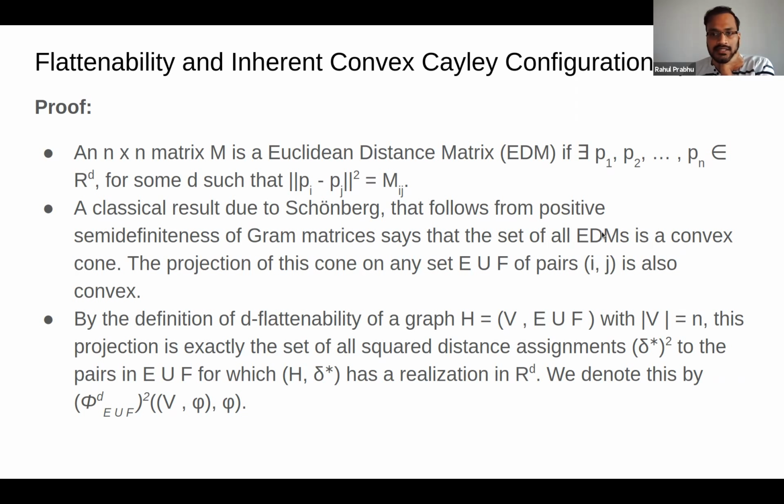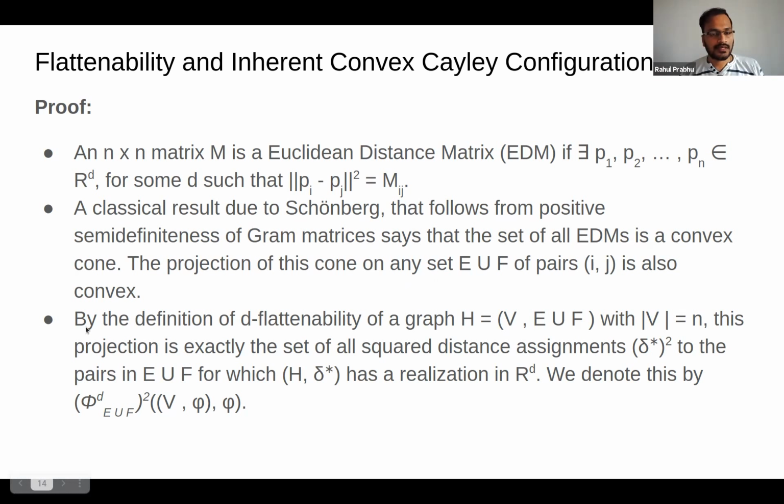Because this n by n matrix, if you think of the indices as the vertices of a graph, is the set of all squared distances. That's the convex cone. The projection of this cone on any set E union F is also convex. So you're taking a convex thing and taking a projection of it on some edges, so that's going to be convex.